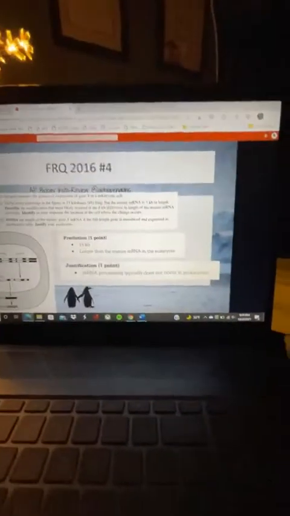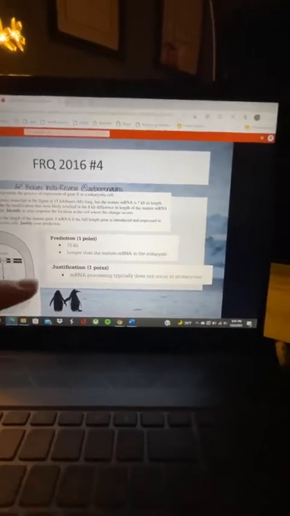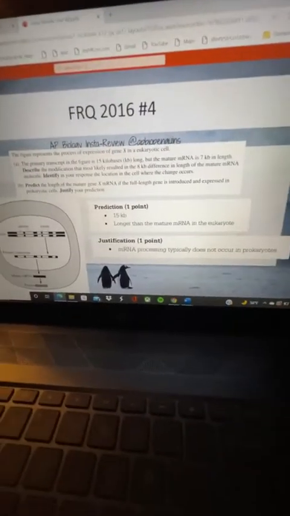So if the primary transcript is 15 kilobases, then it's still going to be 15 kilobases in a prokaryote. That would be the answer we're looking for: it should be 15 kilobases, or you could say it would be longer than the mRNA in eukaryotes, because mRNA processing does not occur in a prokaryote.